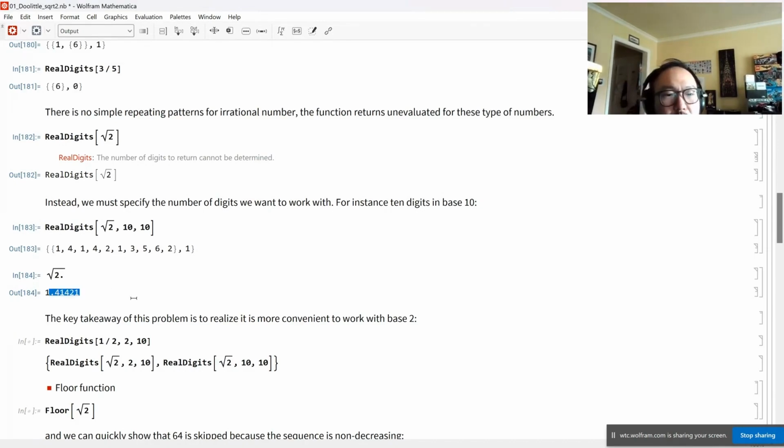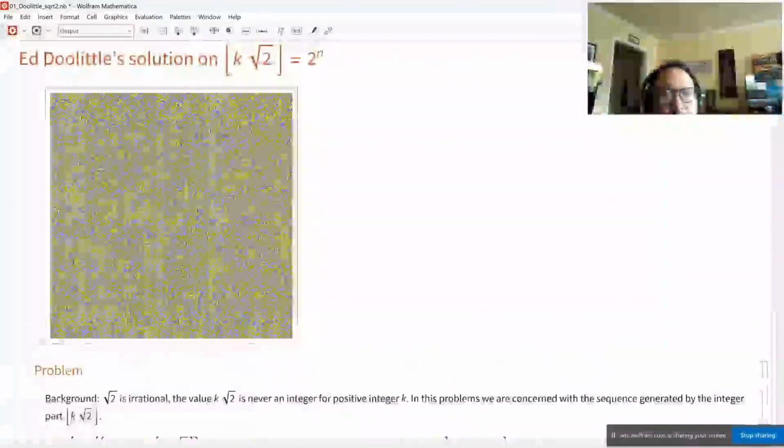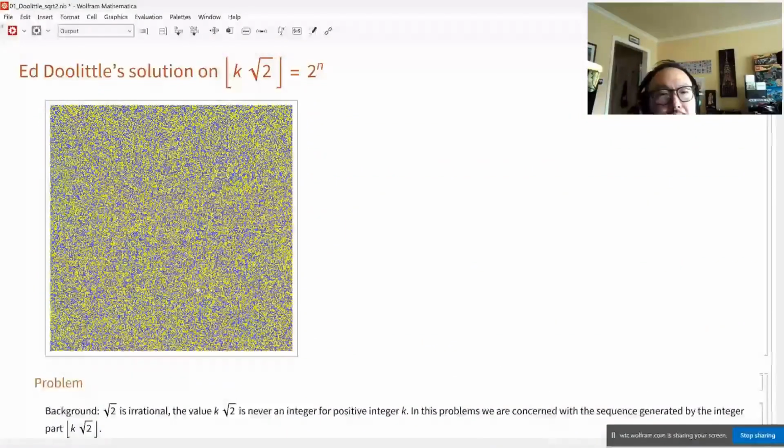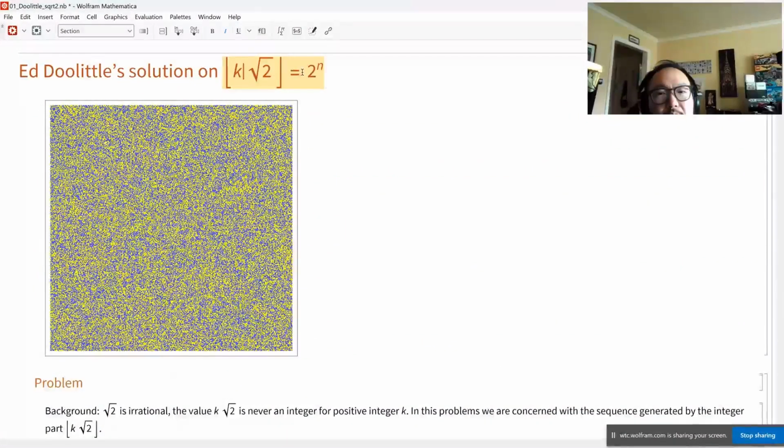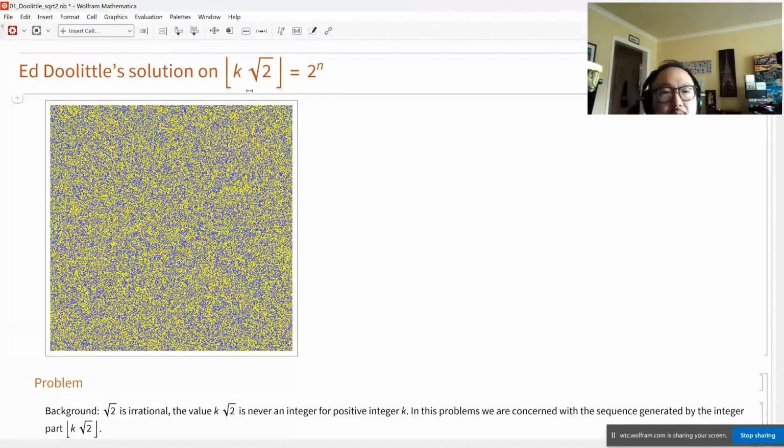The key takeaway to solve this problem, actually these two problems use the exact same idea, is to understand that we're looking for 2 to the power of n here. So what should we do with this part? Because square root 2 really is messy in decimal.